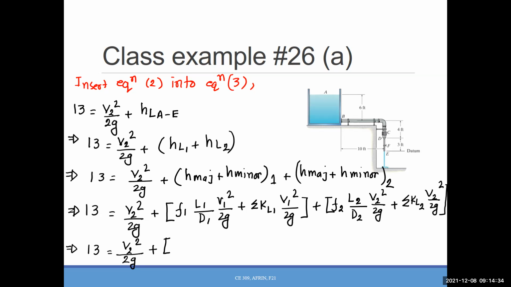And for part B, we don't know friction factors 1 and 2. So at this point, until I get a concise equation, I will keep F as F. I will not use the values here because for part B, I need to do lots of calculation. So I will just keep F as F, but I will add all the other known values here. Okay. What is the L1?